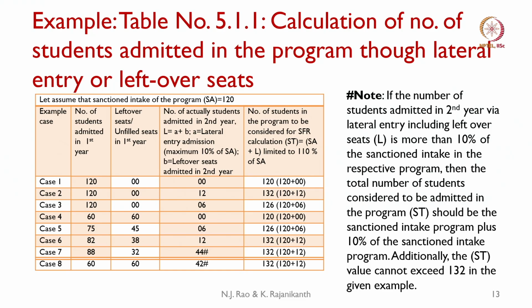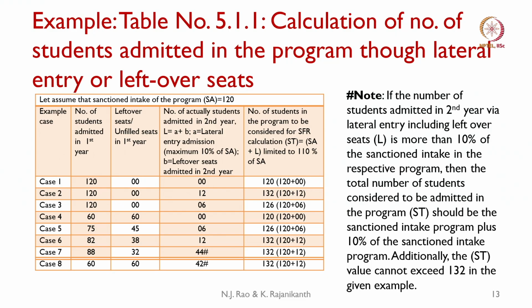But the lateral entry students admitted is only 6. So, if you look at the number of students admitted in first year plus the number of students actually admitted, that is 6, that is only 81. But ST will not be taken as 81.